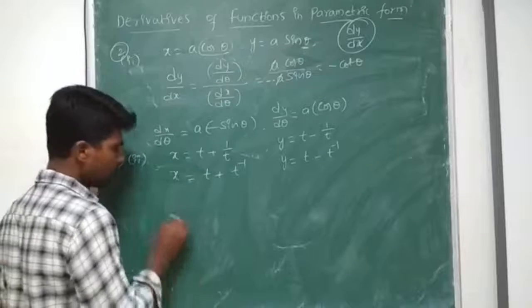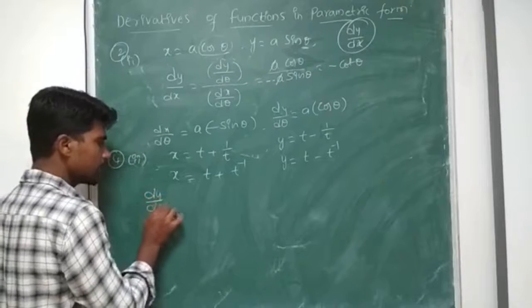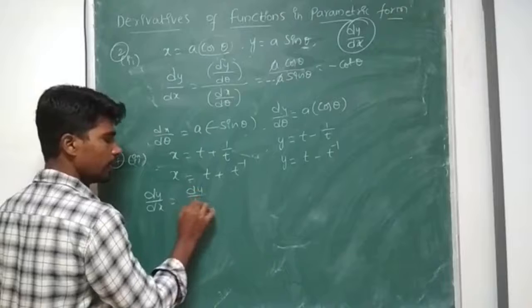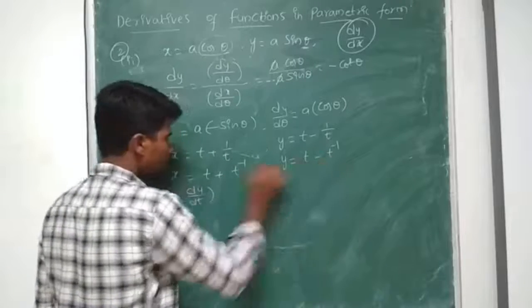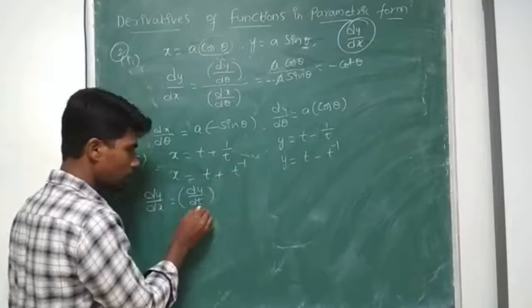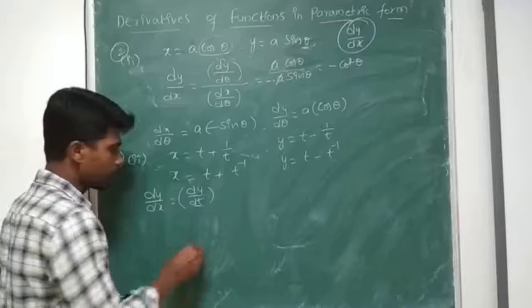Now, dy by dx is equal to dy by dt by dx by dt. Y is defined in terms of t, x is also defined in terms of t, so I should differentiate with respect to t.